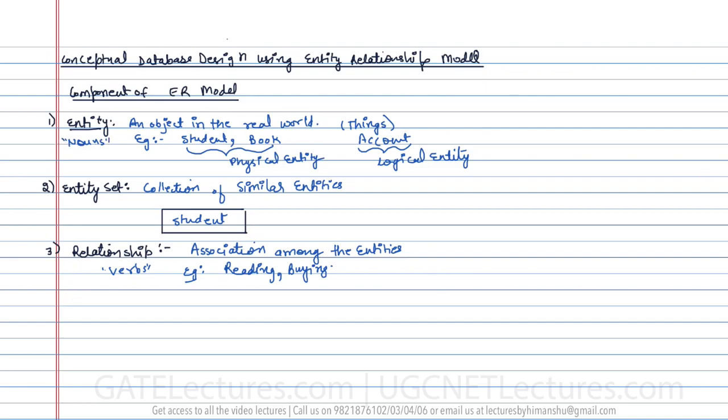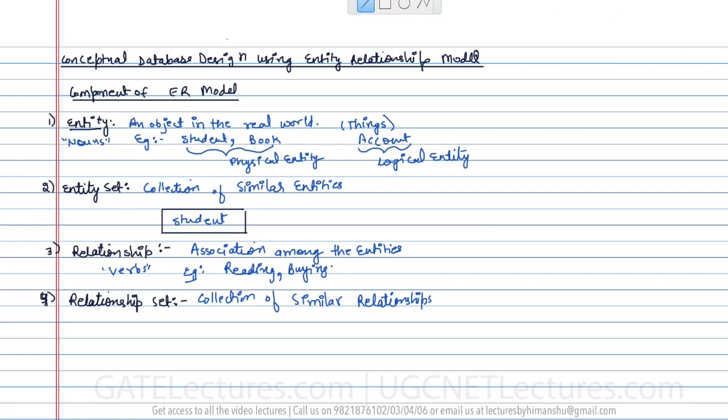Then we have something called a relationship set. What is a relationship set? A relationship set is the collection of similar relationships. These relationship sets are generally denoted by a diamond-like figure.